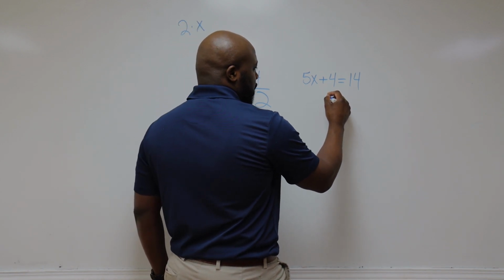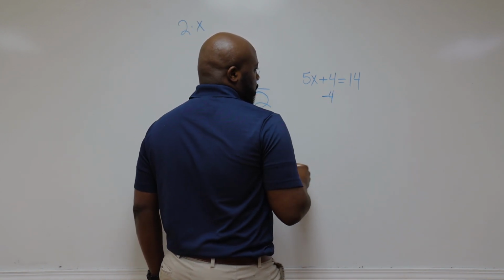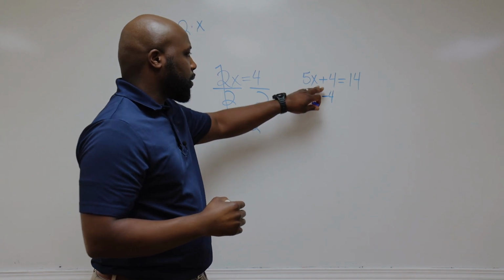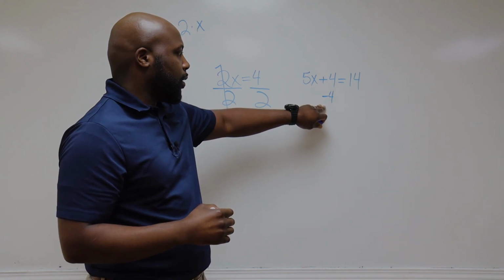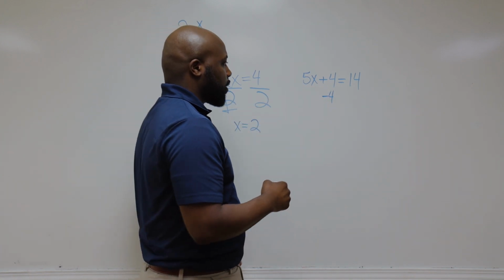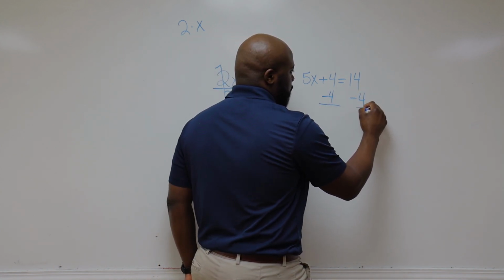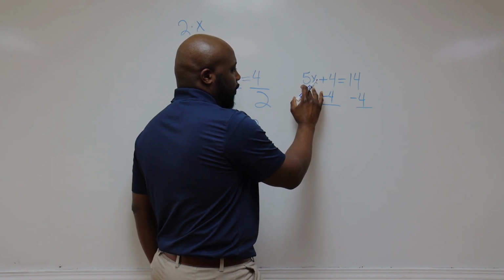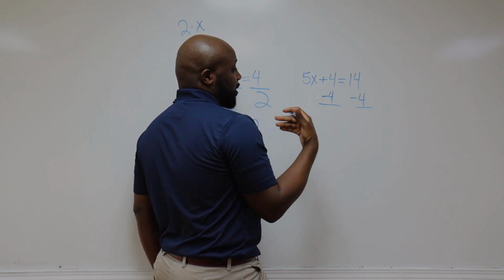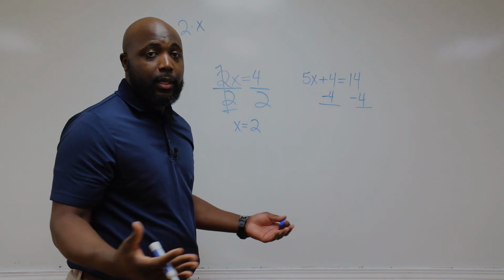So we have a 4, which we have to do the opposite operation on in order to complete this. We subtract 4 on both sides. That is so we can get the number that's attached to our variable completely by itself.